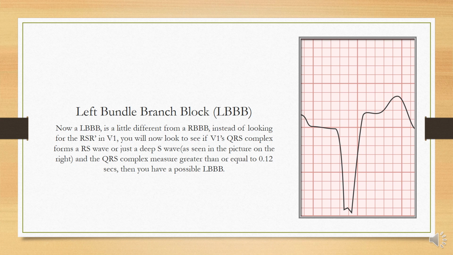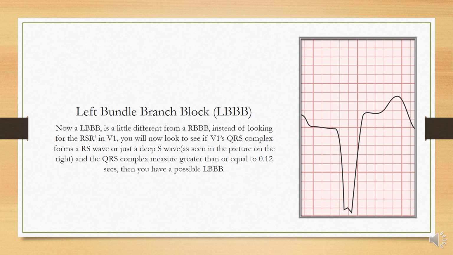Instead of looking for an RSR prime in V1, we're going to look in V1 at the QRS complex to see if it makes an RS wave, where there's a deep S in V1, as in the picture on the right. And of course, we have to measure to see if our QRS is greater than or equal to 0.12. If we fit all those criteria, with an RS wave or a deep S wave in V1, then we have a possible LBBB.